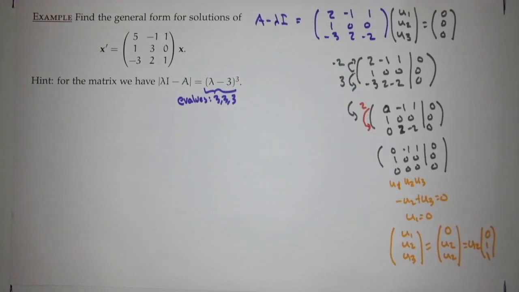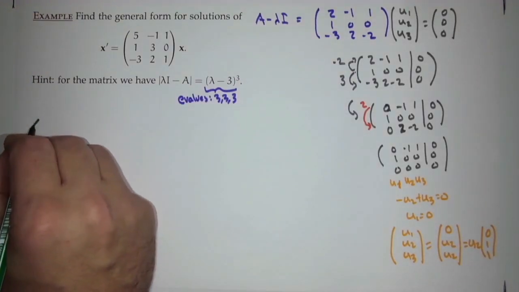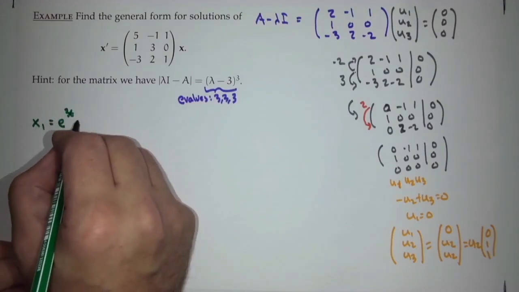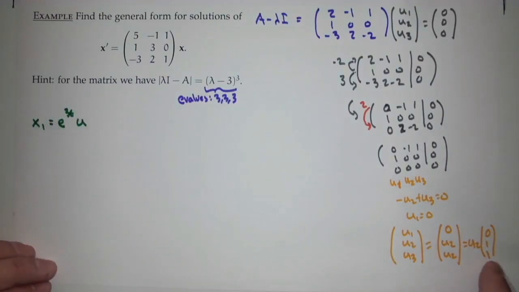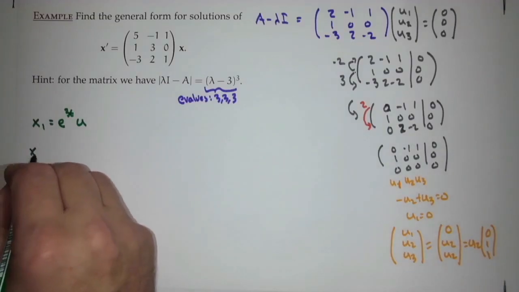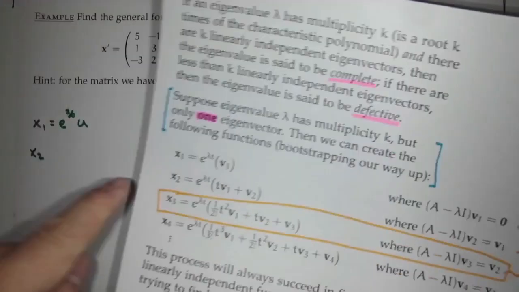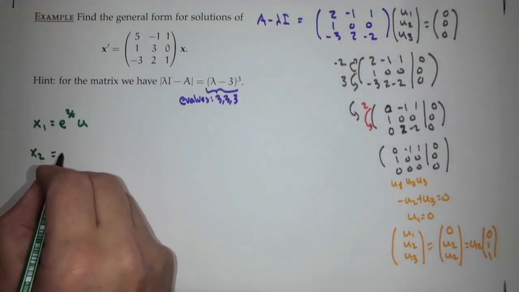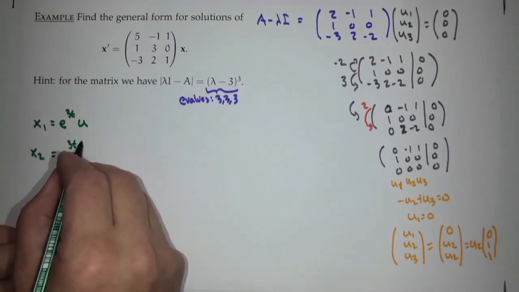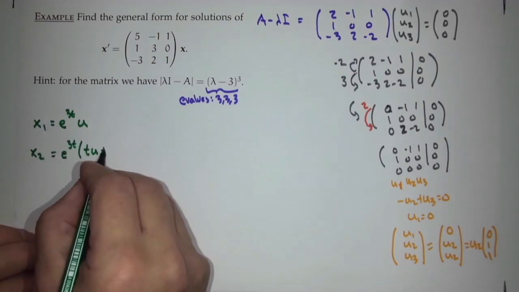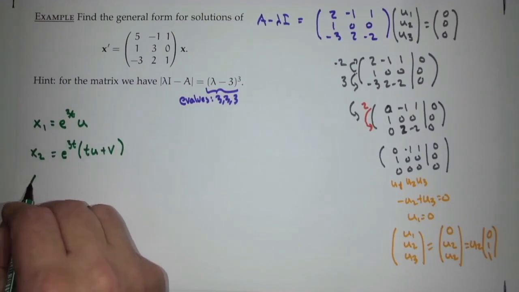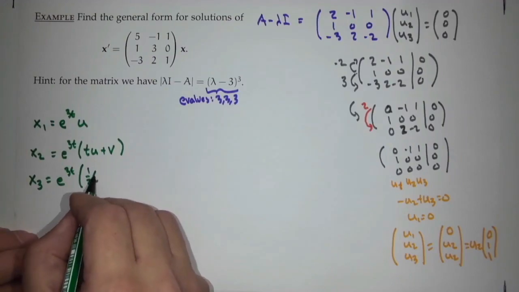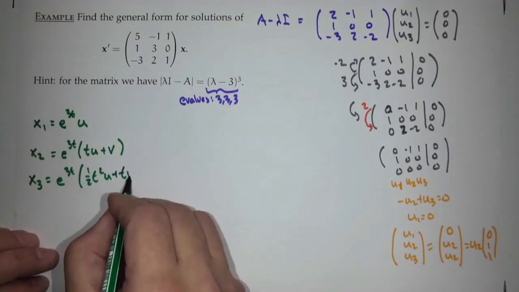So that says that our solutions, there's going to be 3 of them. The first one will look like e to the 3t times this vector u that we just found. The second one, I'm just going to copy here, in case you're wondering where this is coming from. It will be e to the 3t times tu plus v. And the last one will be e to the 3t, 1/2 t squared u plus tv plus w.